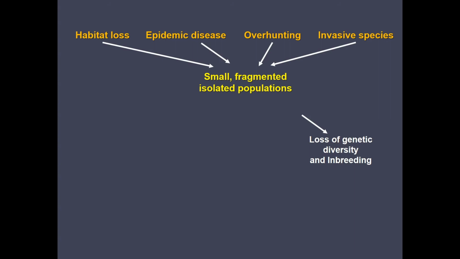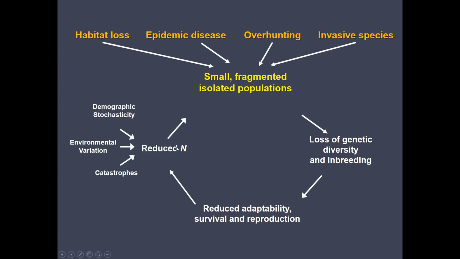So these processes become more likely, and potentially that's going to reduce the vital rates, because if you start expressing some of those deleterious recessive alleles, the mortality rate's going to go up and the reproductive rate's going to go down, which leads to reduced survival and reduced reproduction, which reduces population size.